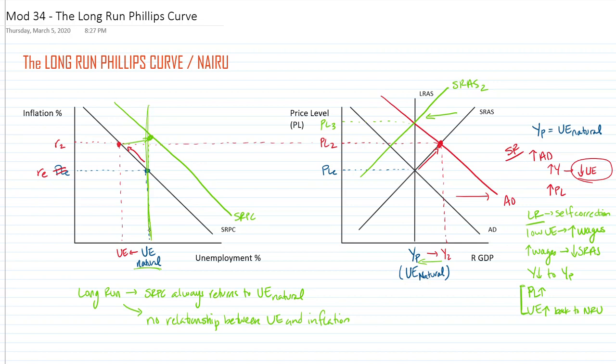And that's where we begin to get the concept of the LRPC. The LRPC is vertical at the natural rate of unemployment.